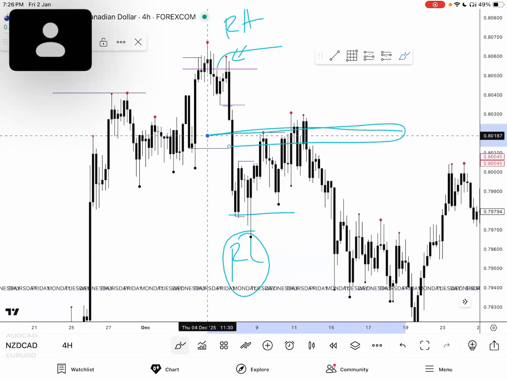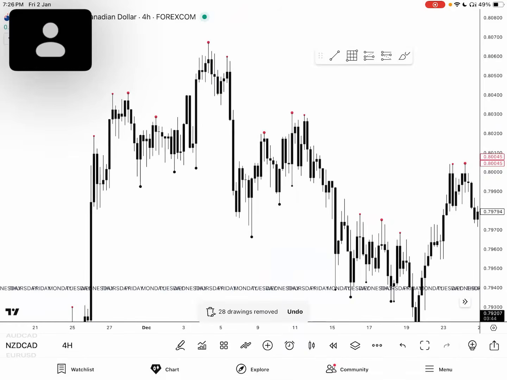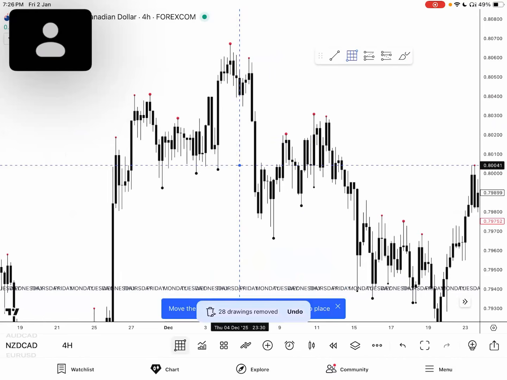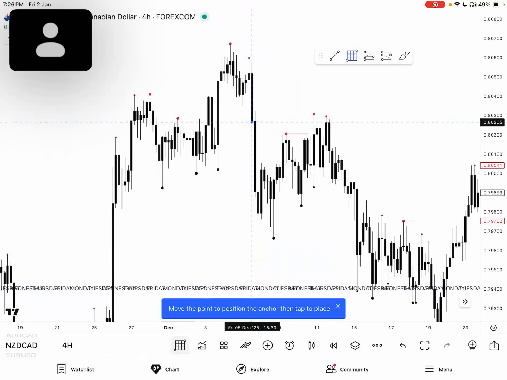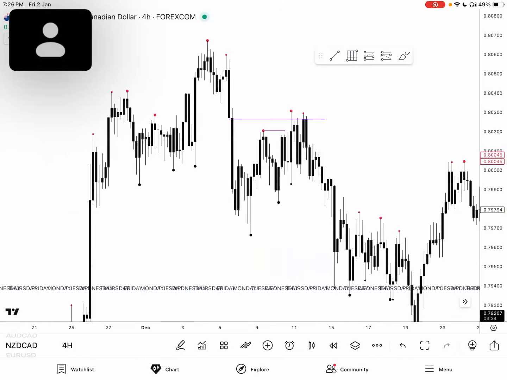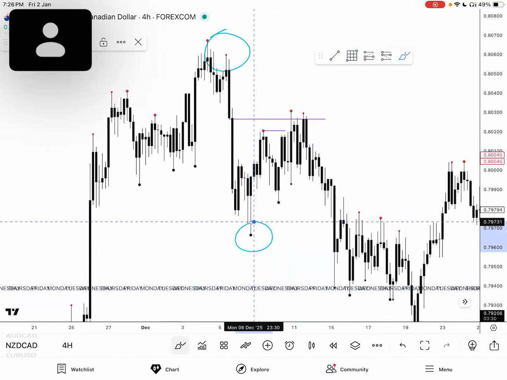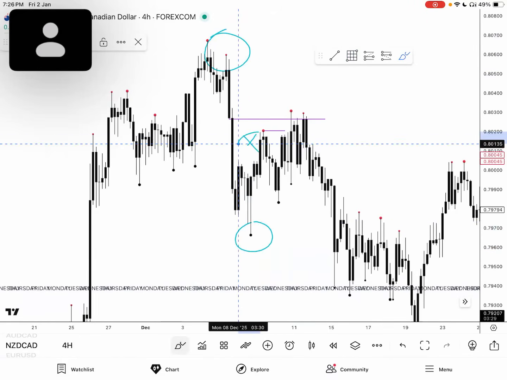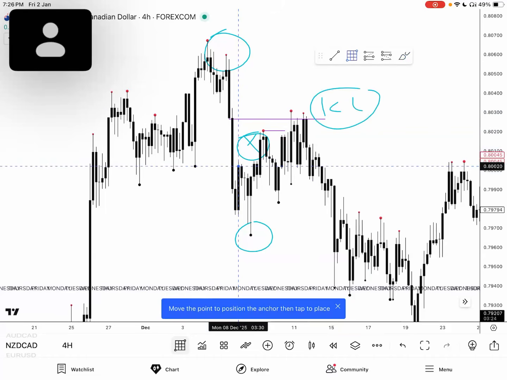You need to consider this as liquidity, and we have a key level on that level. So this is our key level. Understand? So this is the range high, this is the range low, this is the liquidity, and this is the key level. Understand? So now the entry was here.